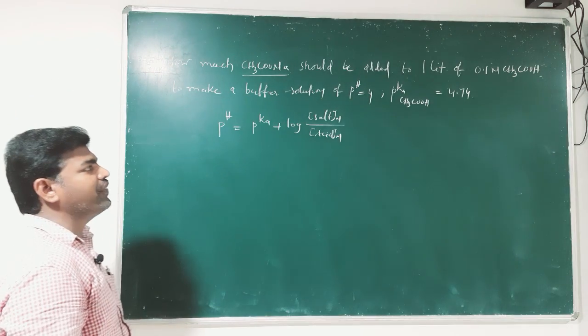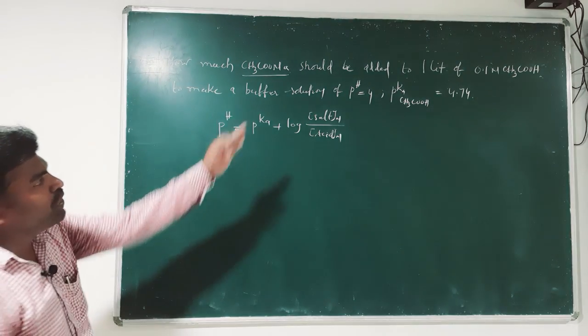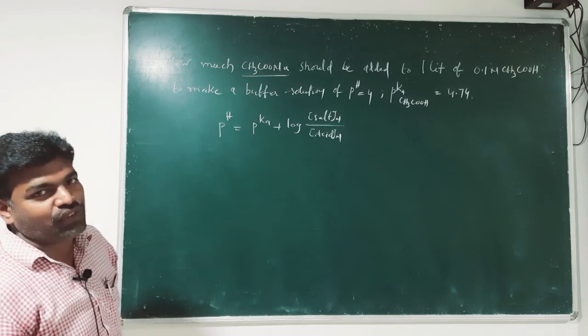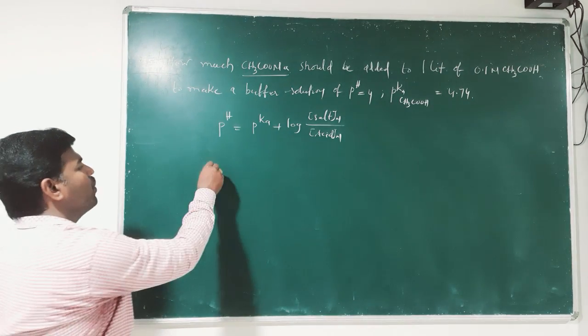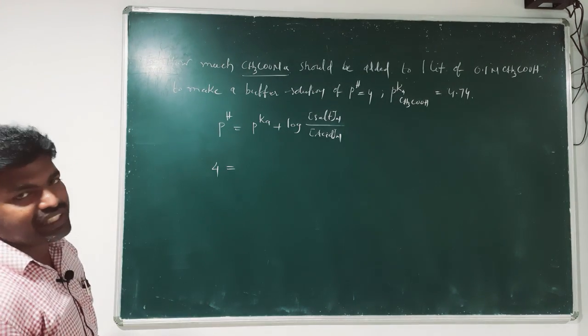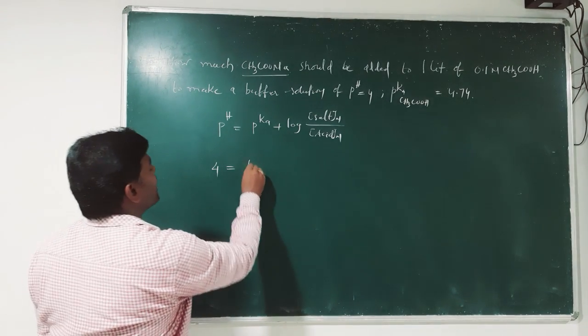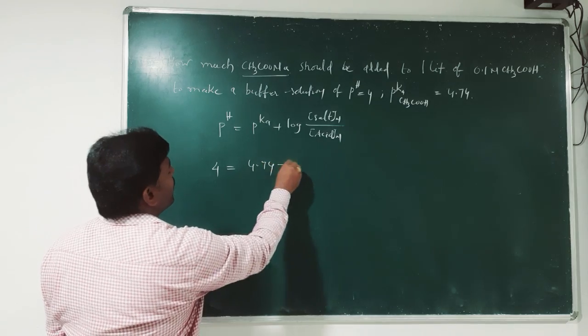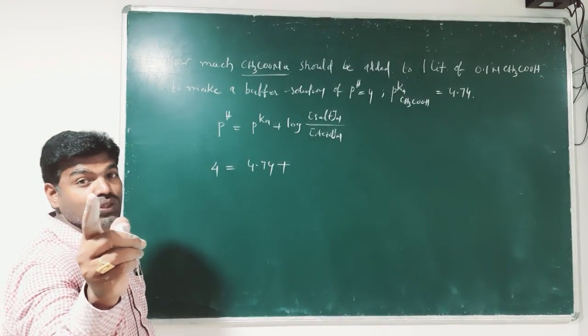The pH of the buffer solution is 4, and the pKa of acetic acid is 4.74.